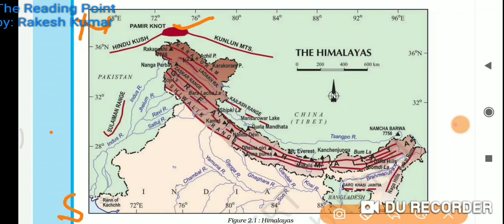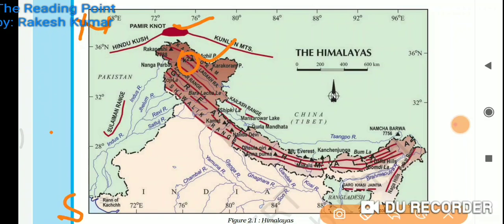Mount Godwin Austen, or K2, is in the Karakoram range. The height of K2 is 8611 metres, the highest peak in India. Now it is in what you can say is POK, and it is also the second highest peak of the world.